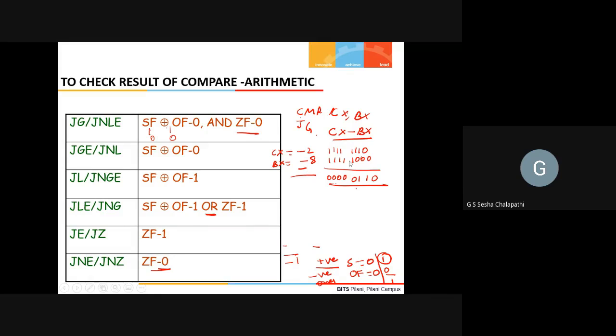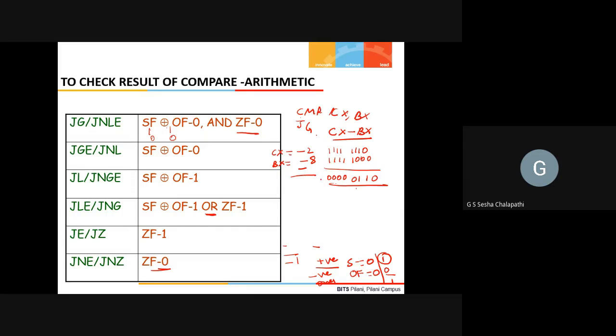Minus 2 will be represented as 11111110, and minus 8 will be represented as 11111000. When the microprocessor does a subtraction, it will do a direct subtraction: 0 from 0, 1 subtracted from 0, it will be 1, 0 subtracted from 1 will be 1, 1 subtracted from 1 will be 0, and so on. It will not do it the way that we do on pen and paper, that is, minus 8 converted into its 2's complement and added to minus 2. We don't do it that way.